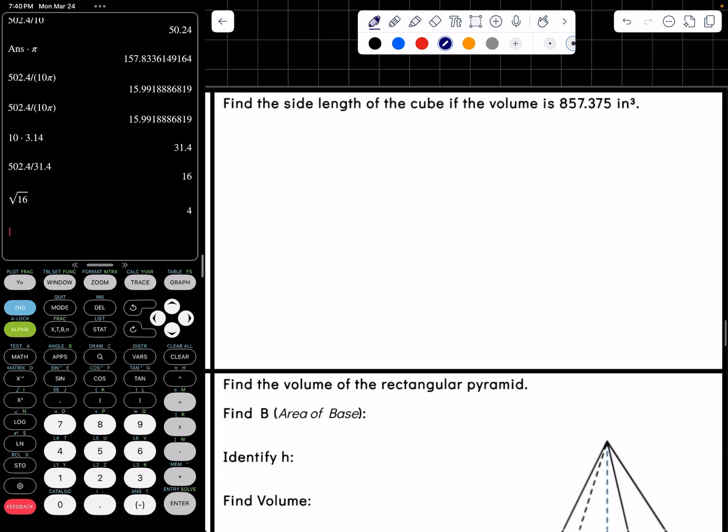Up here, find the length of the side of a cube whose volume is 857.375 inches cubed. Well, the thing about a cube is all the sides are the same. So whatever our length, our width, and our height is, they are all the exact same.